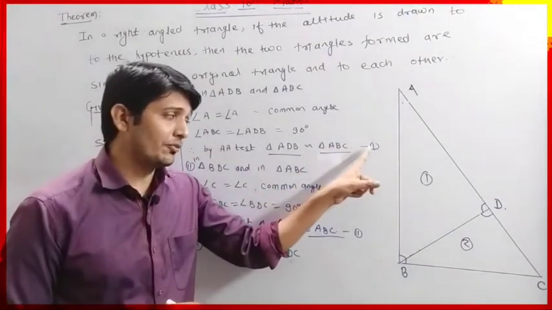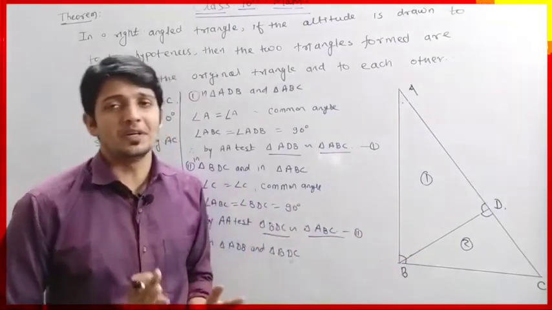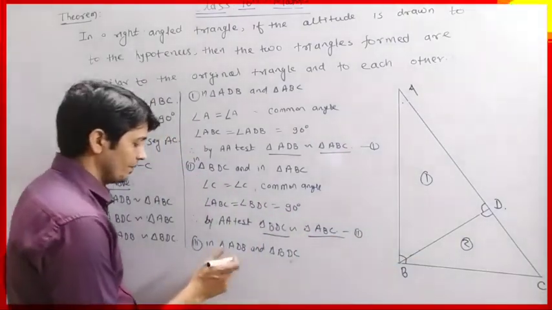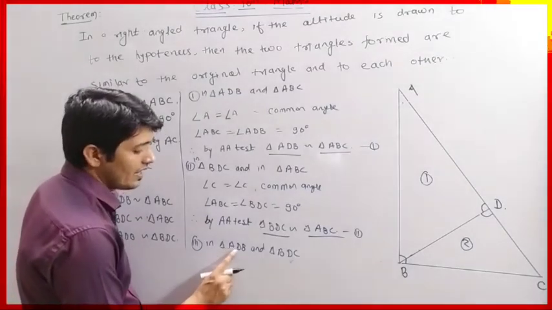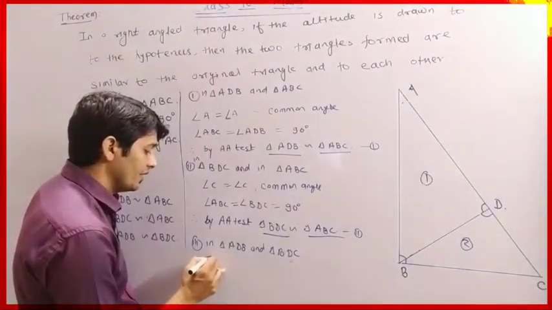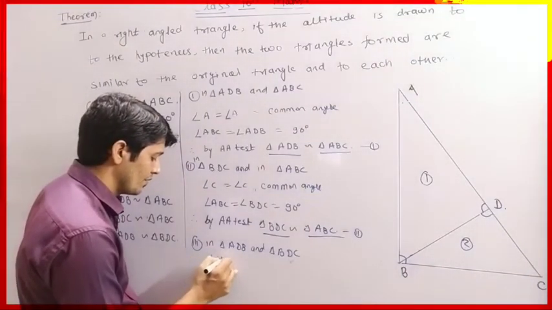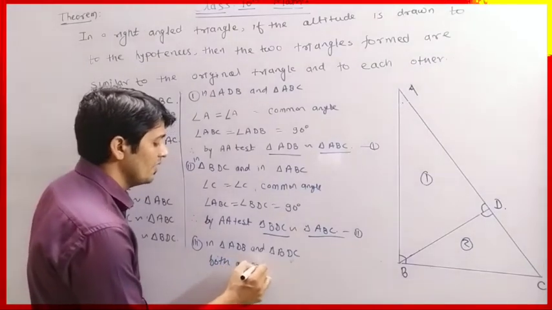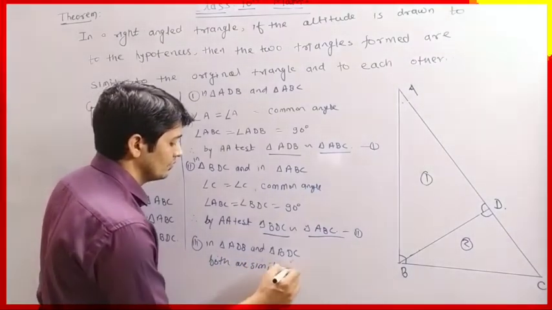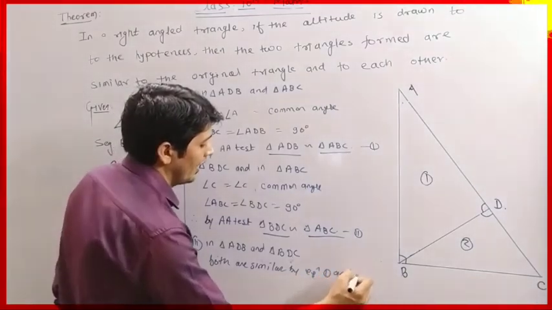So we can say from equations number 1 and 2 that these two triangles are also similar. Okay, so triangle ADB and triangle BDC are both similar, by equations 1 and 2.